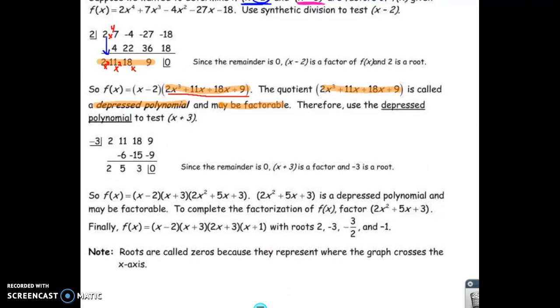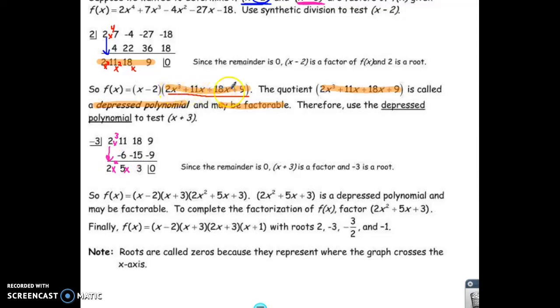And notice what happens. We bring down our 2, and we get a remainder of 0, which means the x plus 3 is also a factor of this original equation. And now since this is x cubed, we divided by this x, this now goes down by 1, x squared, x, and there's my constant.